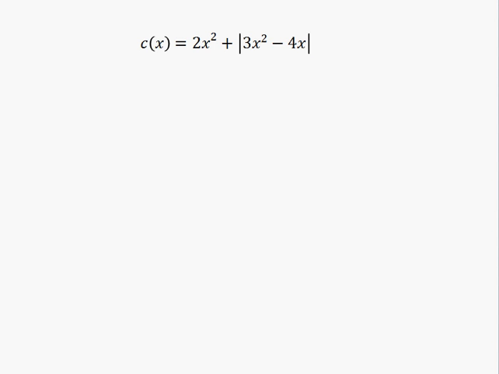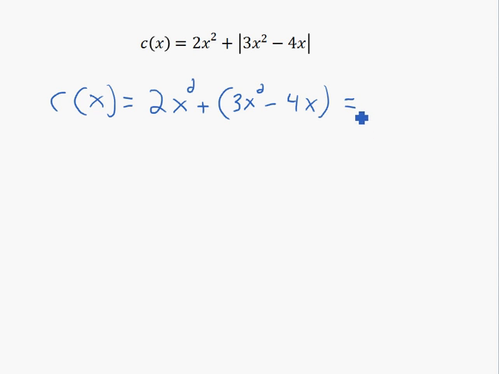C of x has an absolute value in it right there, 3x squared minus 4x is an absolute value. And what that means is C of x could equal 2x squared plus 3x squared minus 4x, okay?